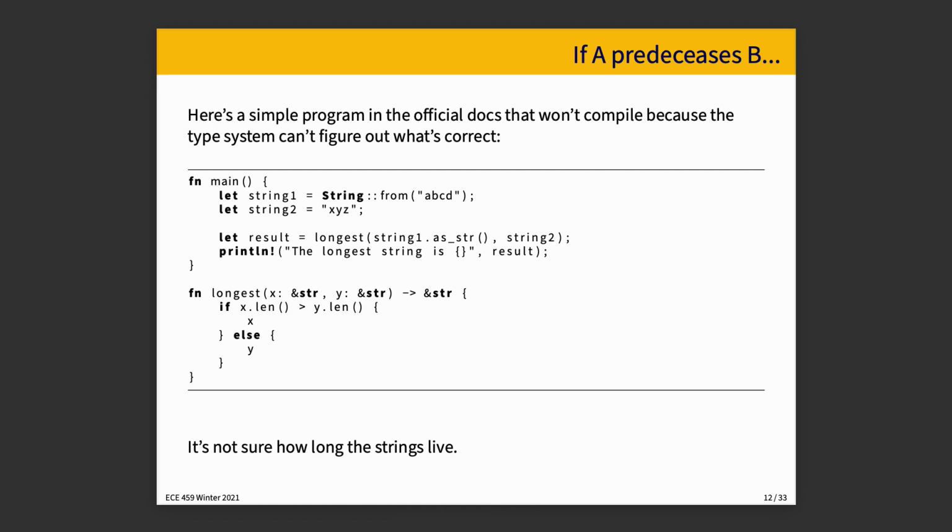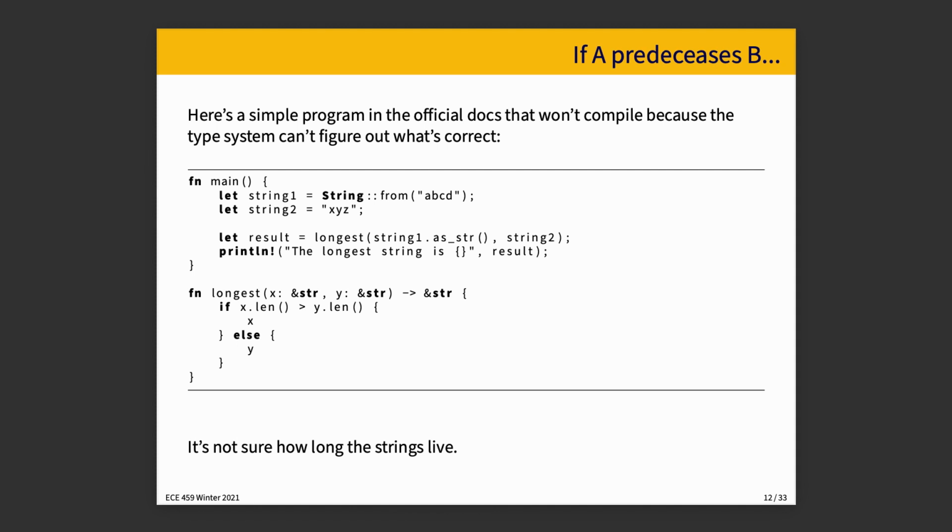Thing is, the compiler makes decisions based on local information. And that local information is just what is the content of this function. So when it's deciding how to compile the longest function, it only looks in that function, and it treats longest as if it could take any two string references that come from anywhere.